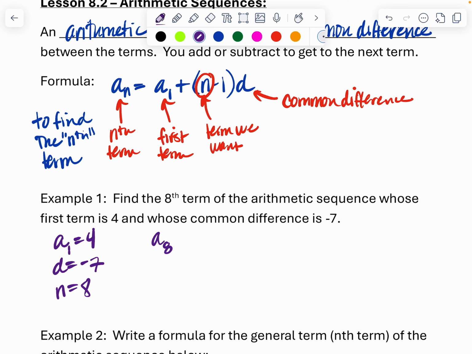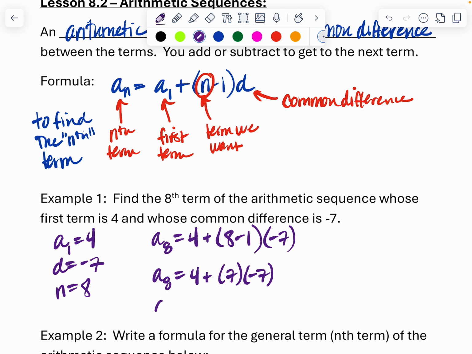The 8th term equals the first term, which is 4, plus n minus 1 times -7. And then we would just do that math. We would have the 8th term equals 4 plus 7 times -7. So that's going to be -49 plus 4, which is -45. And that would be the 8th term in our arithmetic sequence.